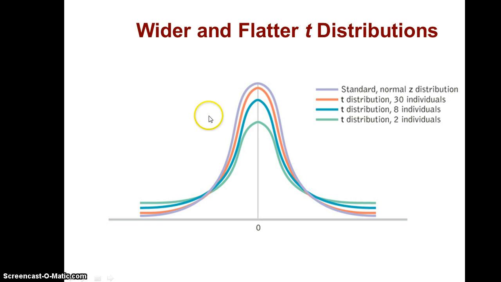Here, the teal colored one, or this blue one, our distribution is based on 8 individuals, and you can see that there's more in the tail. And then this last one, where we have a t-distribution based on 2 individuals, the tail's very fat. So you can imagine that our critical values would get shoved way out here towards the tails in order to have only 5%.